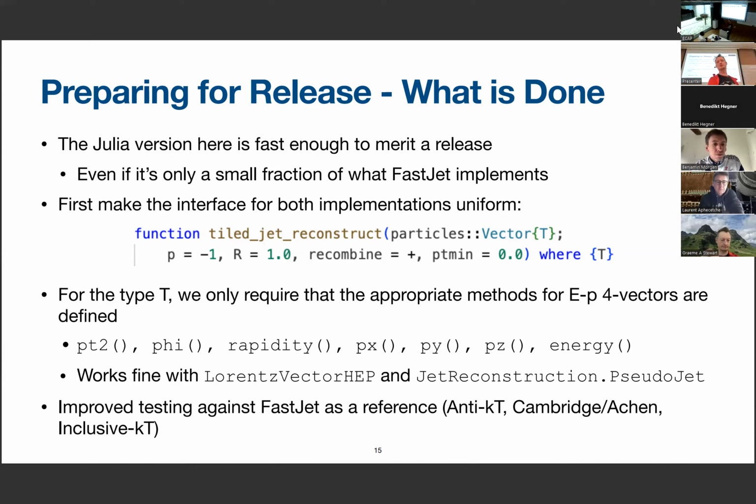Whereas in Julia, you just go use it, which is great. And at the moment, we know that this works absolutely fine for Lorentz vector HEP and for this pseudo-jet class that we use ourselves, because that's the one that we actually use internally. And we've improved the testing against anti-KT and Cambridge/Aachen. So we get exactly the same results as FastJet as we should.